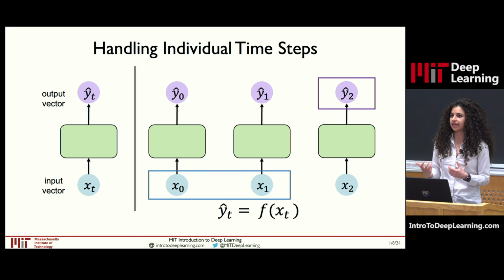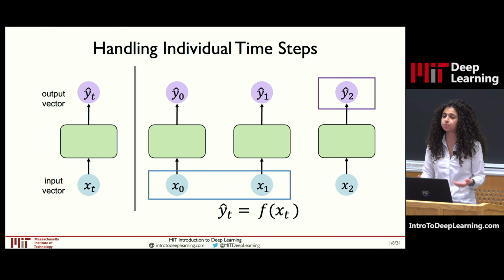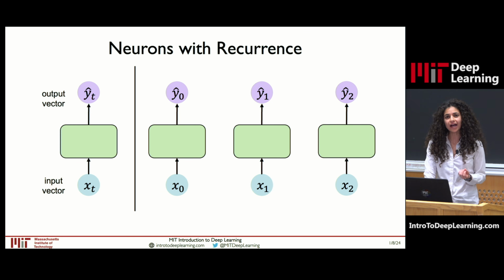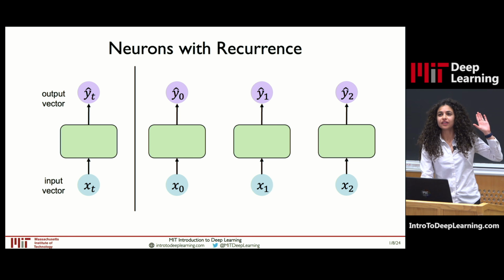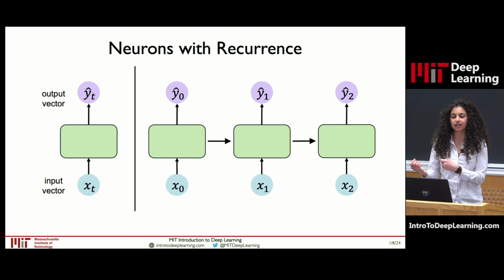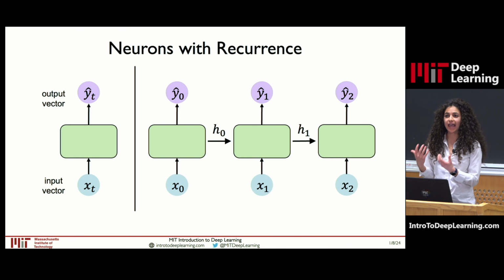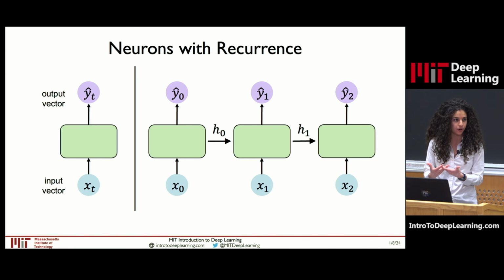So the key idea here is, what if we can build our neural network to try to explicitly model that relation, that time step to time step relation? And one idea is, let's just take this model and link the computation between the time steps together. And we can do this mathematically by introducing a variable that we call h, and h of t stands for this notion of a state of the neural network.